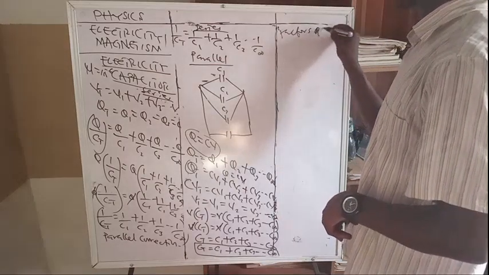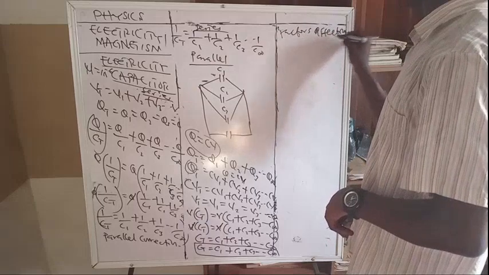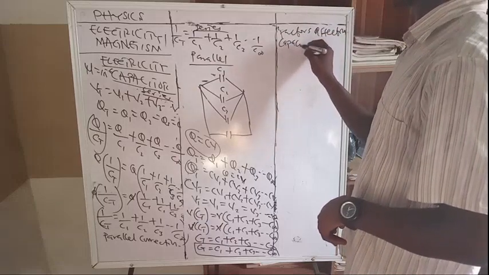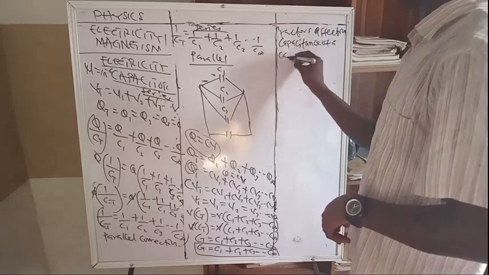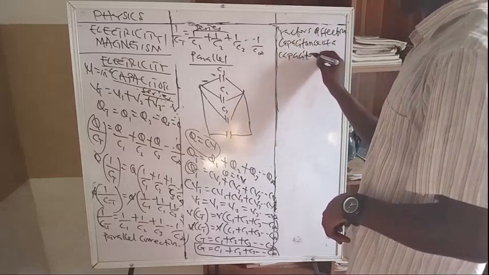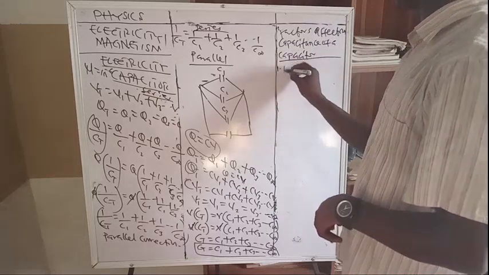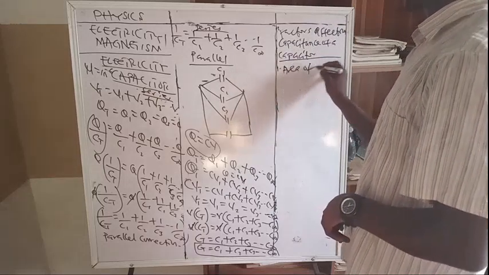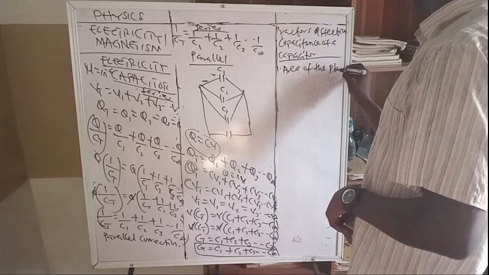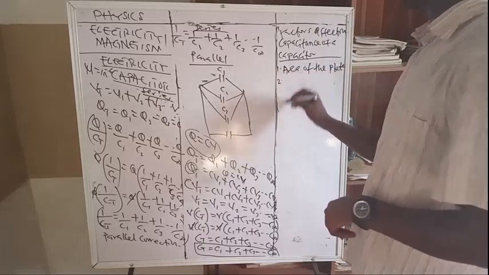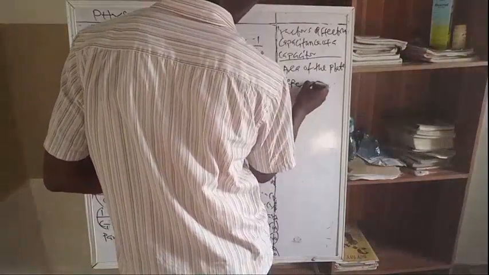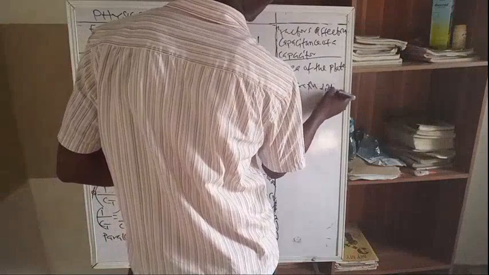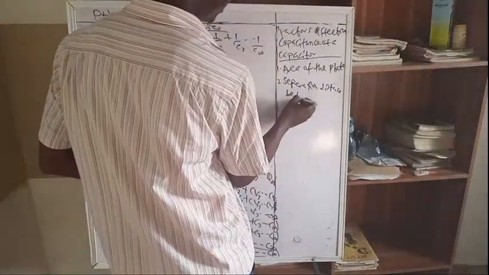Factors affecting capacitance of a capacitor. Number one, like I said, we have the area of the plate. Number two, we have the distance, or you can write it as separation distance between the plates.